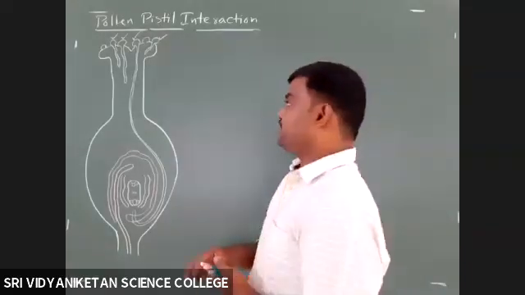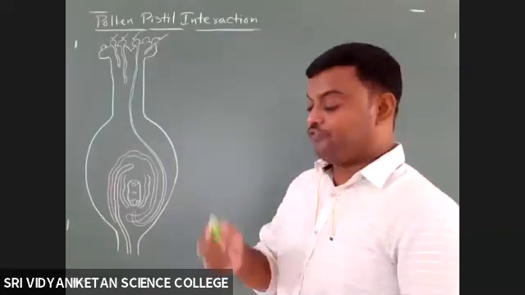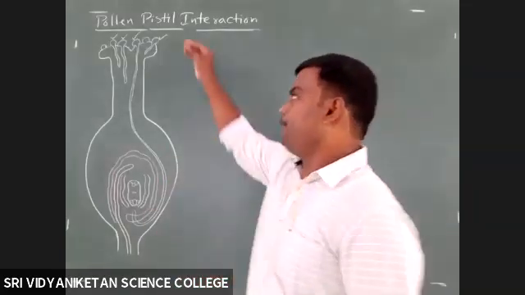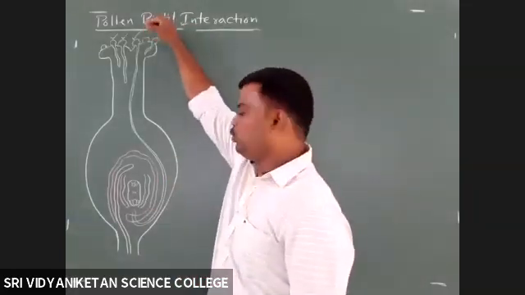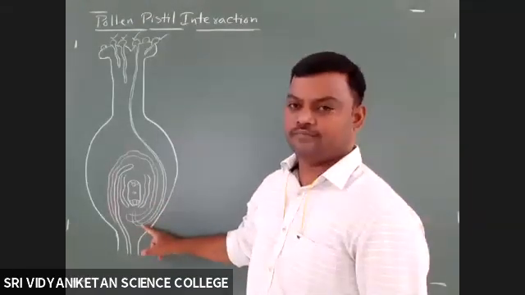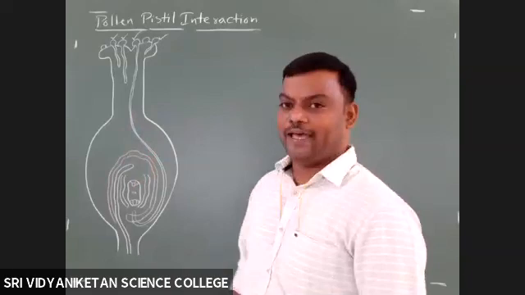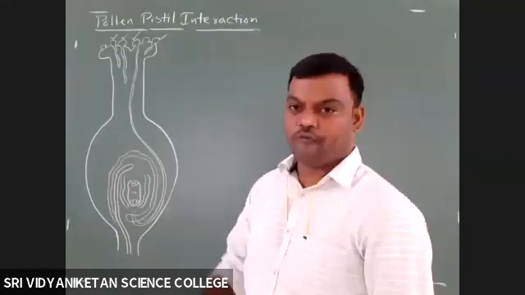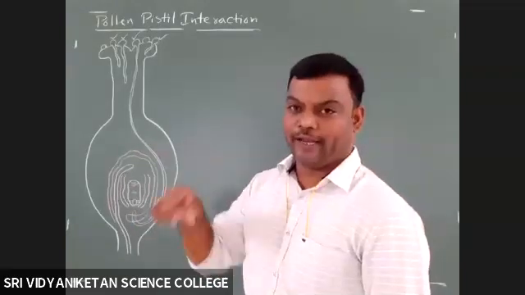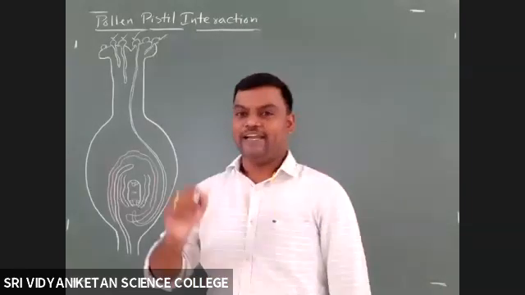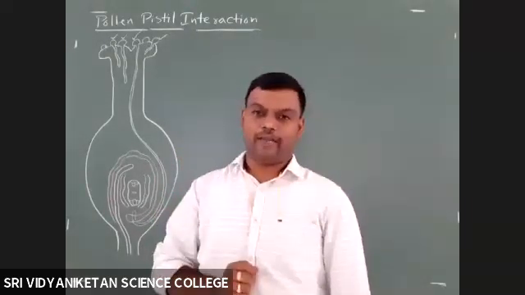And pollen pistil interaction is defined as all events between pollen deposition and the entry of the pollen tube into the ovule. All the events are called pollen pistil interaction. With the help of chemicals present around the pollen grain, the stigma recognizes the pollen grain, either right type or wrong type.